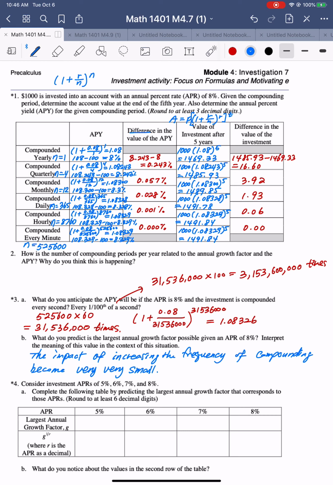So we can ignore that beyond a certain point, which means beyond the daily, okay? So we're just not going to try that, okay?